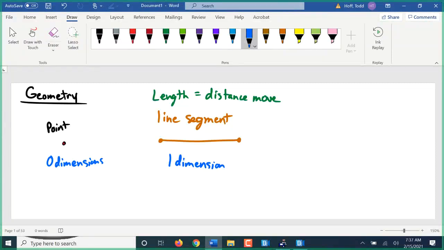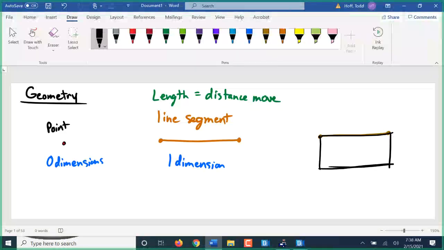Now, last semester, we talked about taking that line segment and moving it. Take that whole segment and we drag it down, like a stick being dragged across the sand, and it creates a rectangle. A rectangle, of course, is now 2-dimensional.